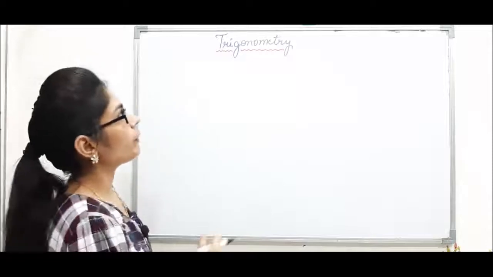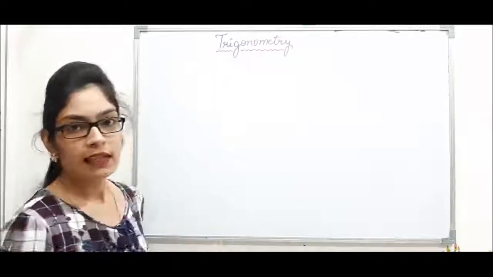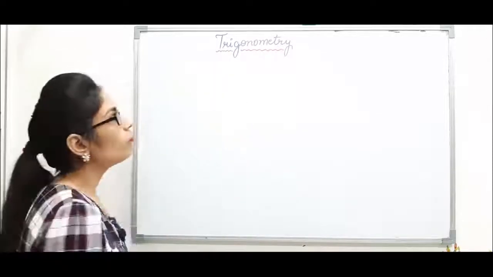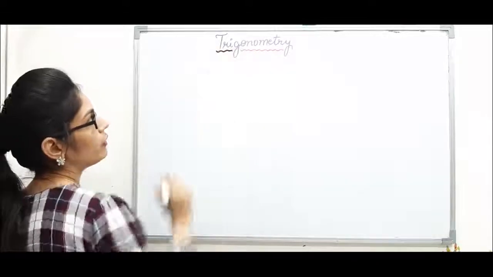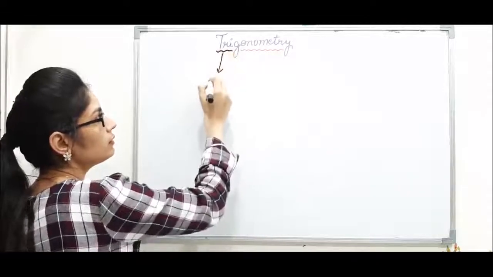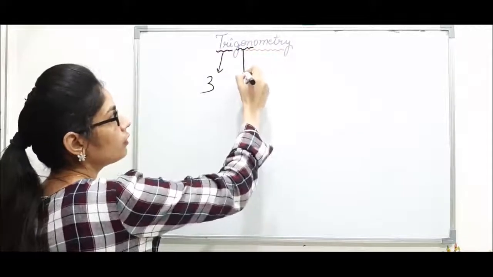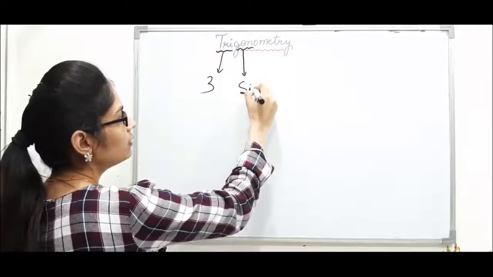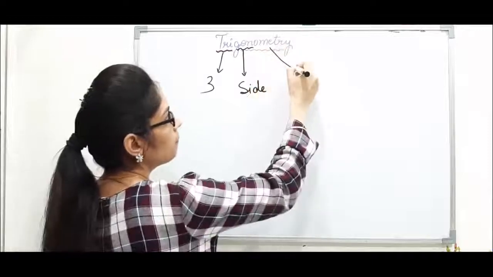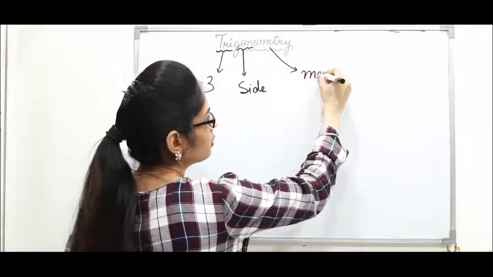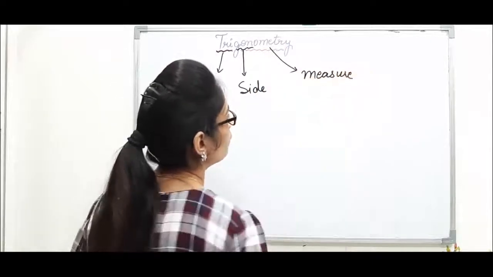So trigonometry. From the word itself, we'll try to understand the meaning of trigonometry. Tri means 3. Gon means sides. Metry means measurement or measure.